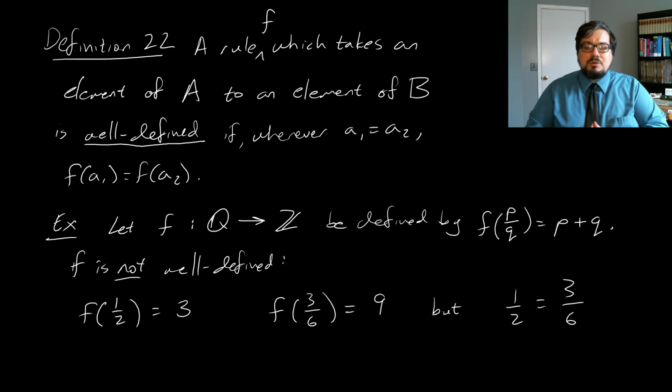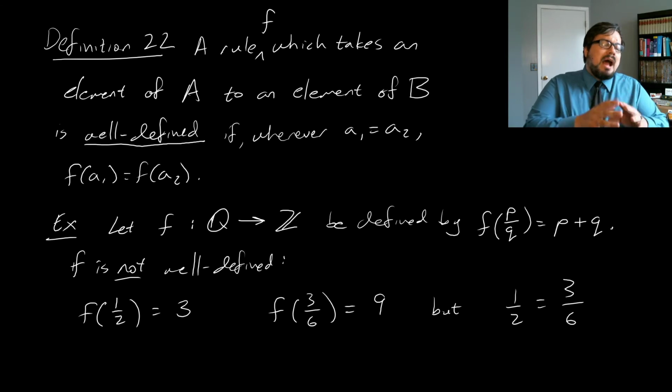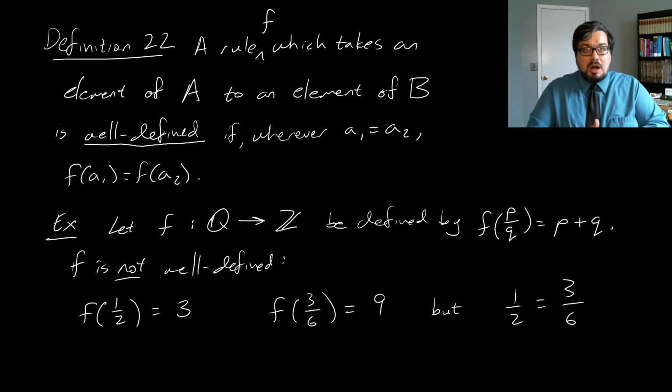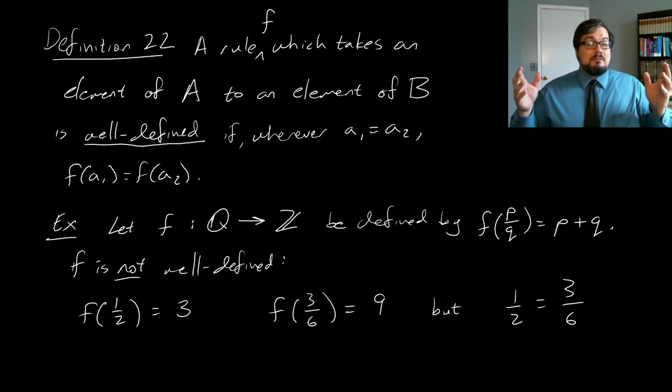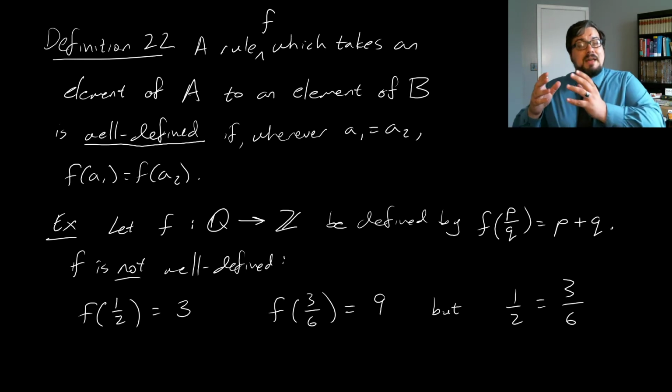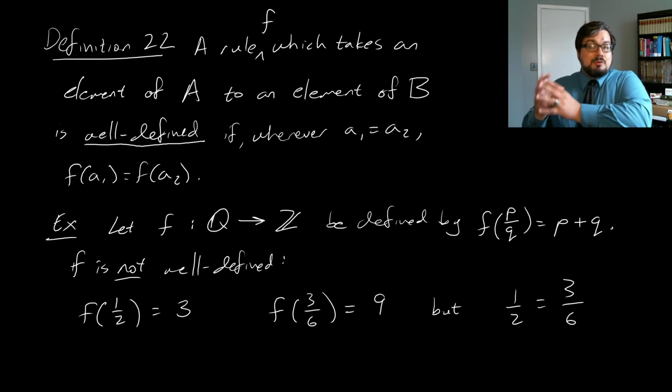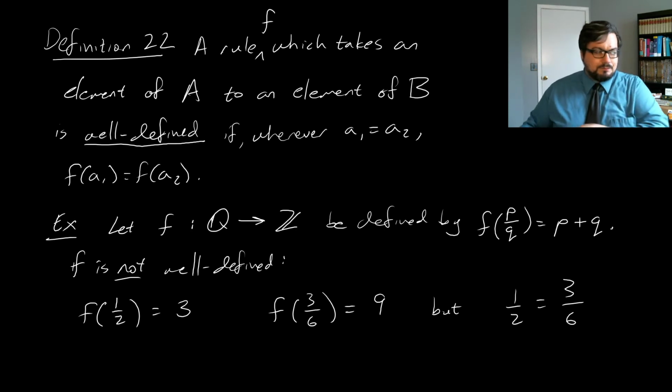Now, it's important to note that just because we've written down a function in terms of the representation p over q, that doesn't by itself make the function ill-defined. It could still be well-defined. We would just have to show that if p over q and, say, r over s are two different ways of describing the same fraction, the result we get out of applying the rule F gives us the same thing.